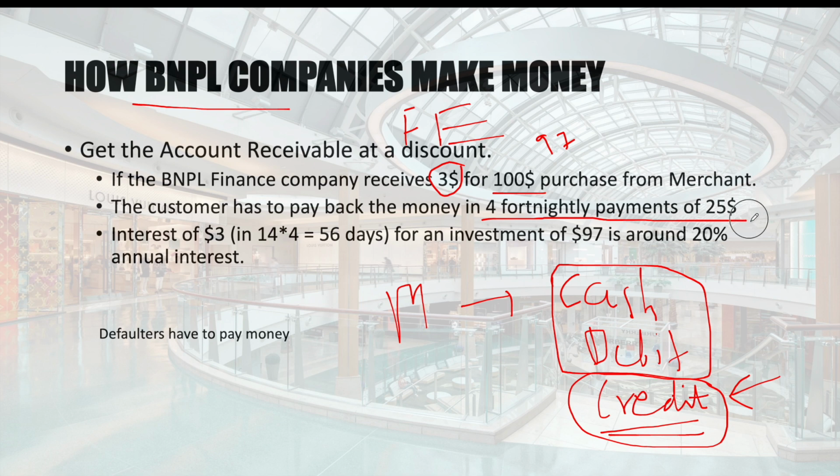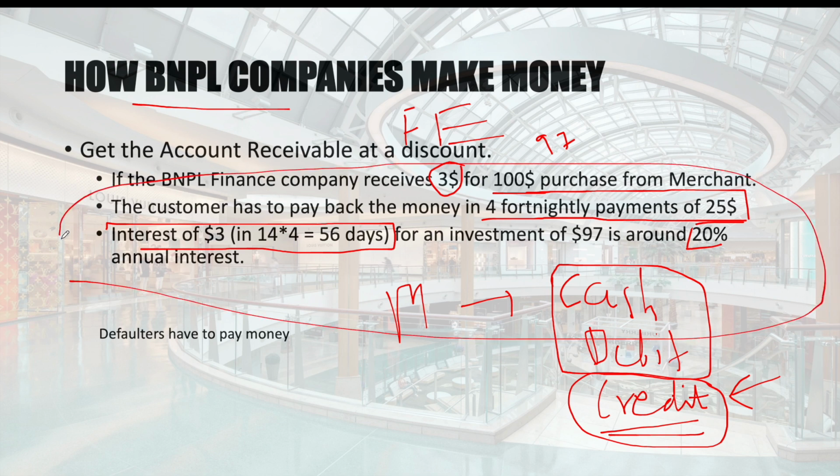If you calculate the interest they are able to get on $3 for 56 days, it amounts to around 20% annual interest. The BNPL, sorry, the financial entity is able to make 20% annual interest, which is very, very handsome money. So this is very good money for anybody. 20% is very, very good money.